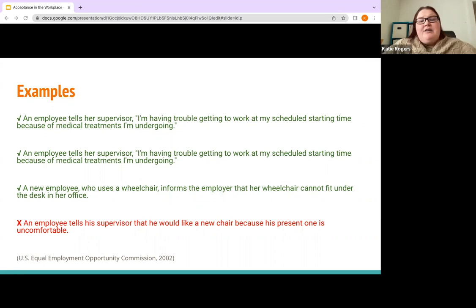And then finally, an employee tells his supervisor that he would like a new chair because his present one is uncomfortable. Although this is a request for a change at work, his statement is not sufficient to put the employer on notice that he's requesting a reasonable accommodation. So he doesn't link his need for the new chair to a medical condition, so that would not actually be covered under ADA.